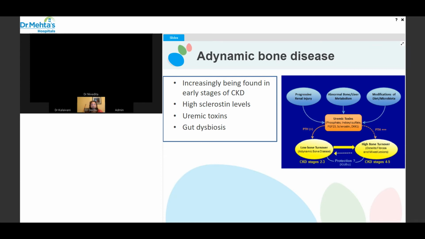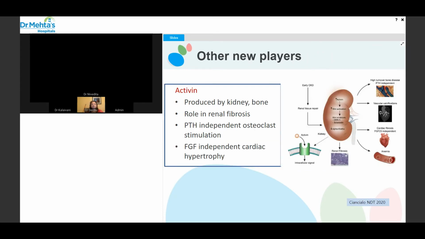Another important player that has been emerging in chronic kidney disease is activin, which is produced by the kidney and the bone. Not only does it have a role in mineral bone disease, but also in causing renal fibrosis and progression of CKD. It has an effect of causing PTH-independent osteoclast stimulation and FGF23-independent cardiac hypertrophy.